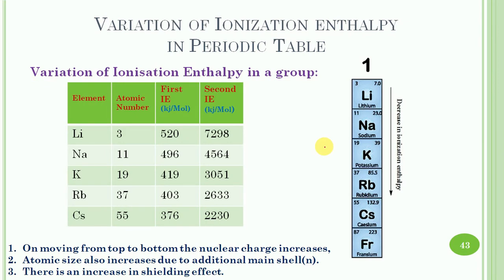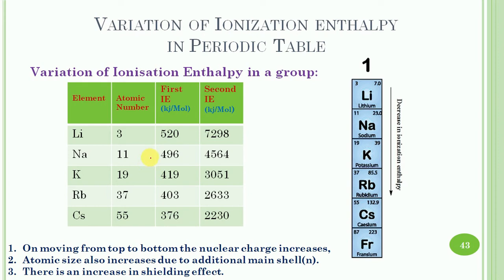Then variation of ionization enthalpy in a group. When we move from top to bottom in a group, there is a gradual decrease in ionization enthalpy. The decrease in ionization enthalpy can be explained in terms of the net effect of the following factors.